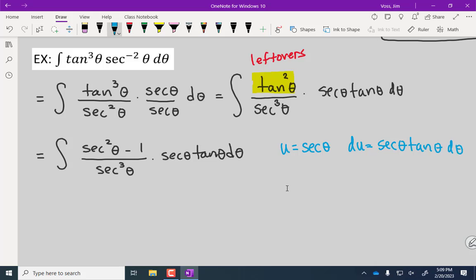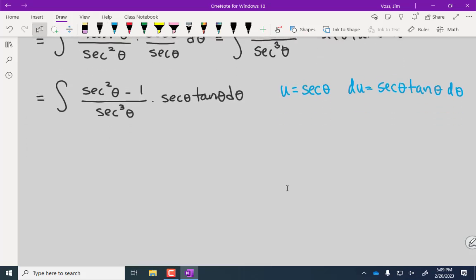And we once again have a pretty straightforward integral once we simplify. We will have u squared minus 1 over u cubed du.